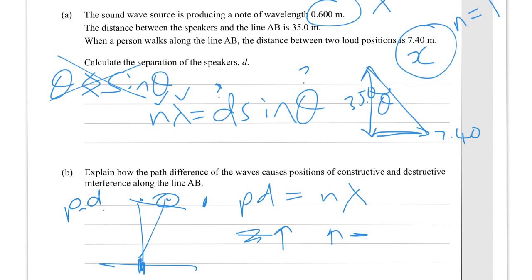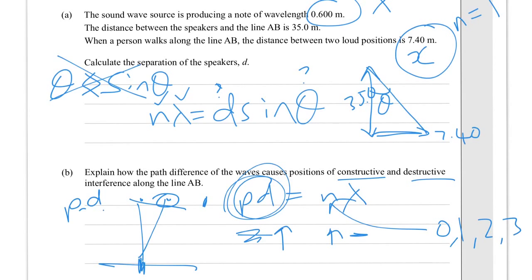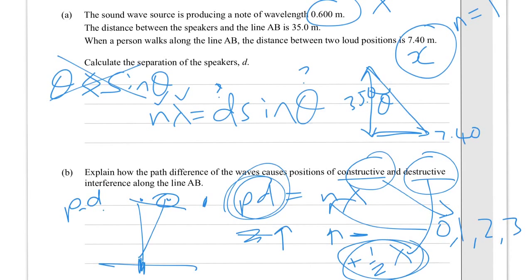It's not asking specifically about how far along the line it moves, but asking how that path difference causes constructive and destructive interference. So the level 2 aspect is that when you have a whole number, that is n being 0, 1, 2, 3 and so forth, whole numbers of wavelengths path difference, you're going to get constructive. And when you add half a wavelength to each of those positions, you're going to get destructive. Okay, maybe I should use some more colours rather than just doing it that way.